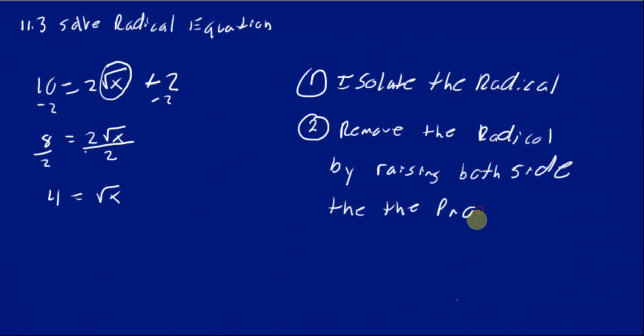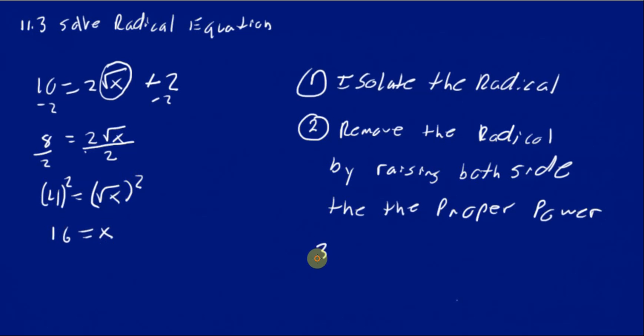Now, why would I say that? Because if I were solving an equation that had a cube root, then the proper power would be the third power. So here I'm just going to square both sides of this equation. 16 is equal to x.